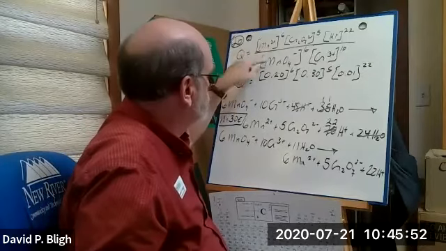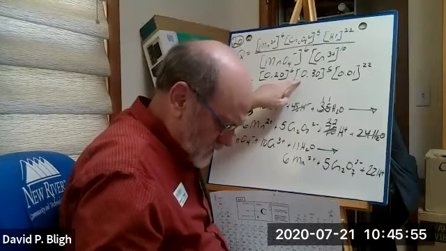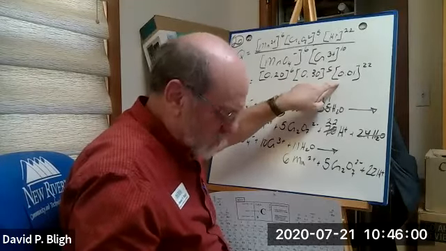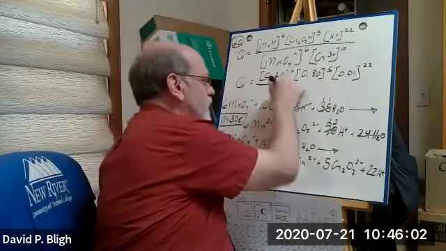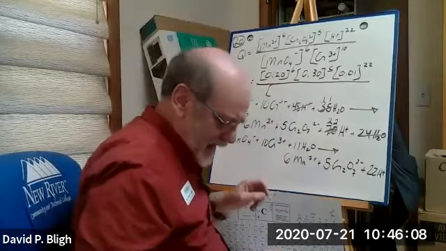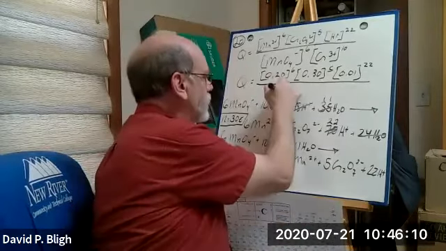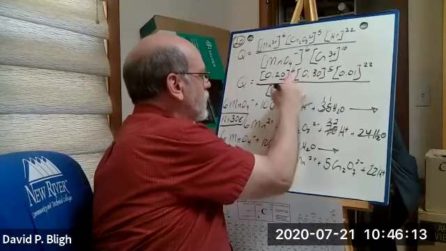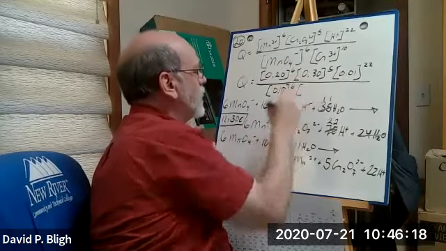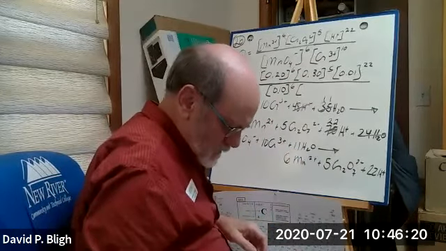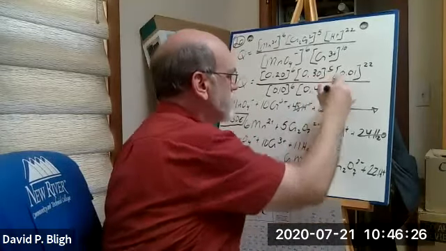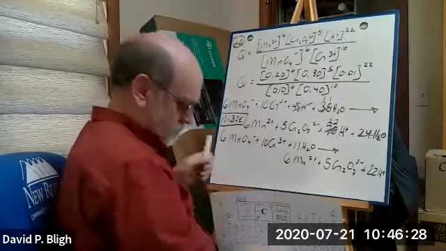Mn2 plus is 0.2, dichromate is 0.3. Oh, that's right, sorry. Don't panic yet. The manganate ion is 0.1 to the 6th power. And the chromium 3 plus is 0.4 to the 10th power. Okay?